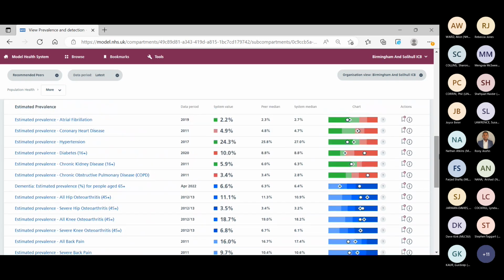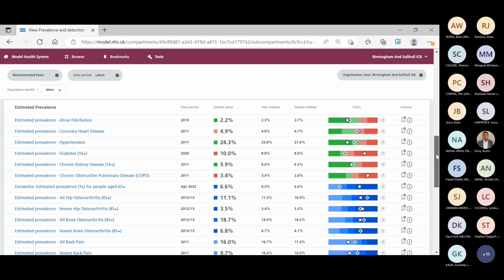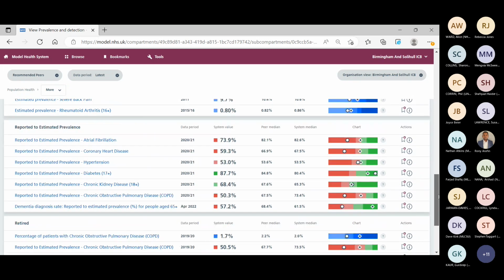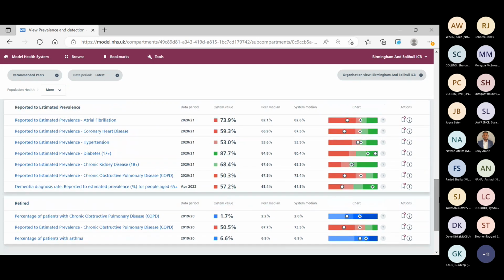And then we've got estimated prevalence, generally as published by PHE, OHID now, and where there is both estimated and reported prevalence, we create metrics there to look at the ratio of those, or the detection rate as we'll call it.